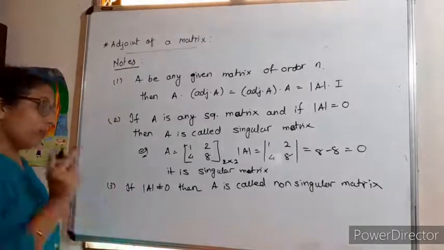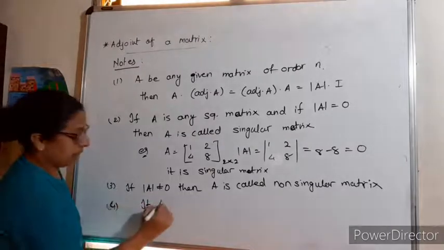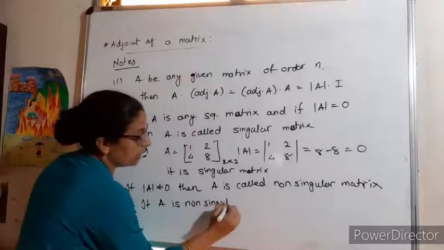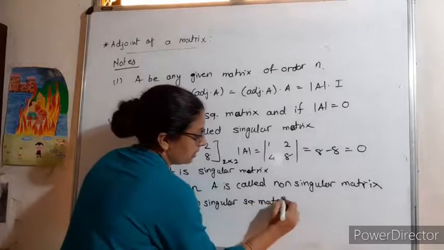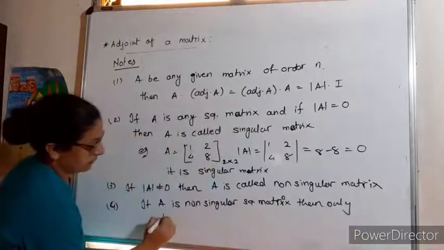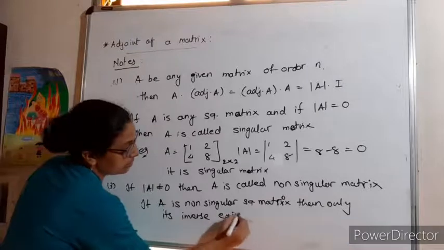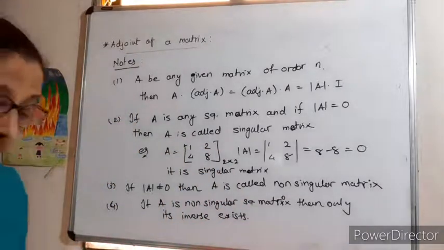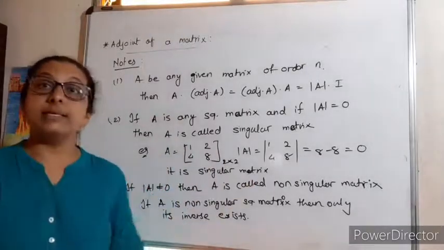For that, make a note that if A is a non-singular square matrix, then only its inverse exists. If it is a singular matrix, that is determinant is 0, then its inverse does not exist.